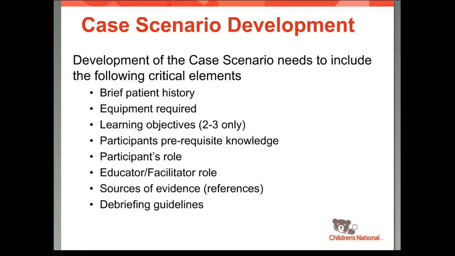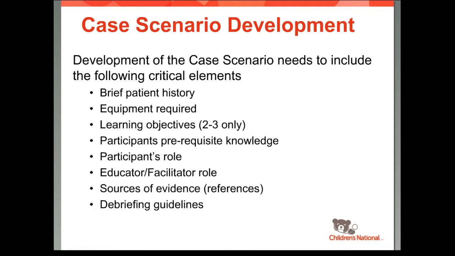Finally, some sources of evidence or reference to the teaching that you're going to be providing through this format, as well as, most importantly, some guidelines for debriefing, as each of us come with our own frame of how to debrief and what is involved in a successful debrief.